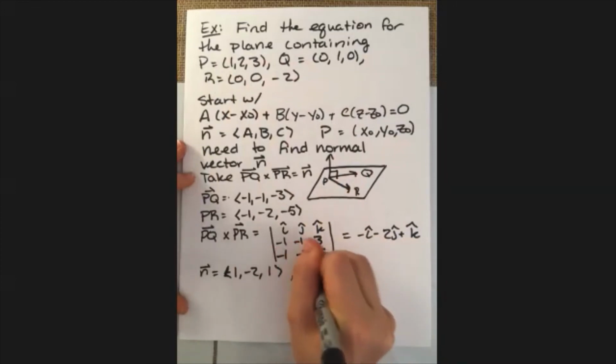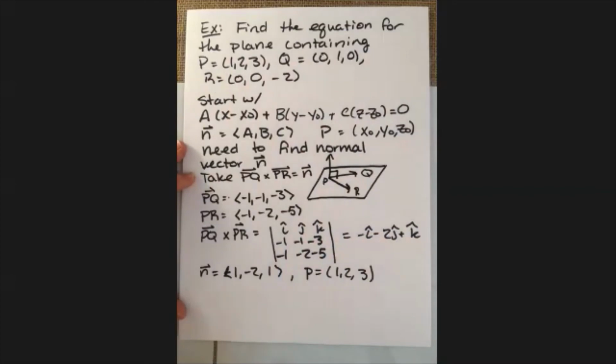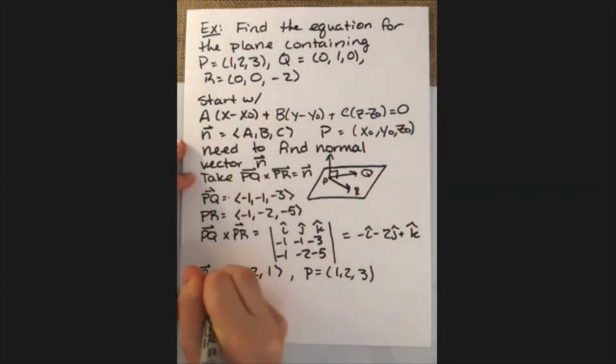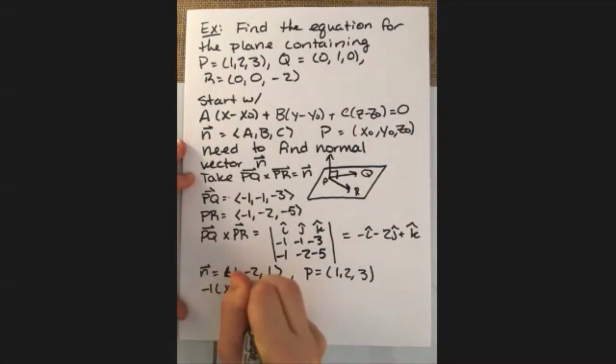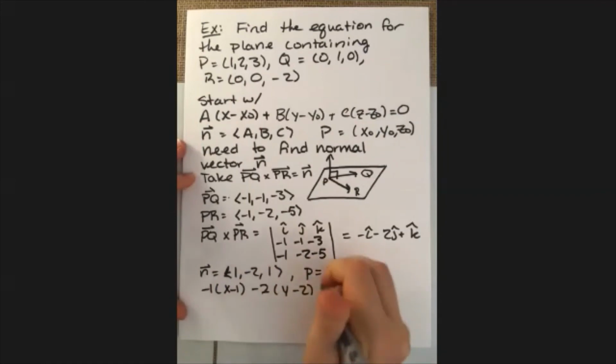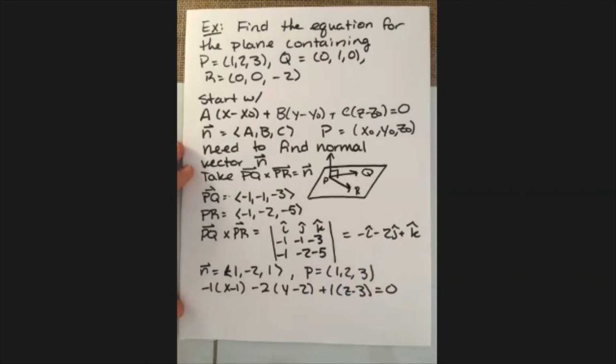I'm just going to go ahead and take P to be equal to (1, 2, 3). So taking these pieces and plugging them into this equation up here, we're going to get -1 times (x minus 1) minus 2 times (y minus 2), and then plus 1 times (z minus 3) is all equal to 0.